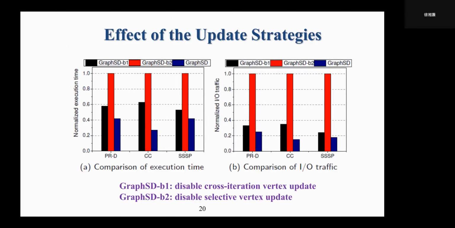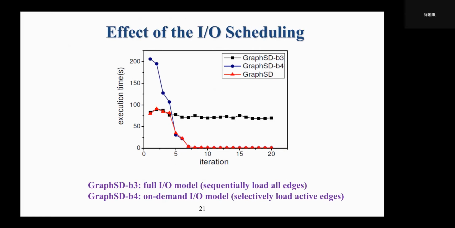From the results, the selective data access and cross-iteration vertex updating can bring about 2.8 and 1.7 times performance gains. We then evaluate the effects of different I/O access models. We compare GraphSD with two baseline systems that use the full I/O model and the on-demand I/O model in each iteration respectively. We can see that GraphSD is able to select the optimal I/O access model in each iteration, thanks to the state-aware I/O scheduling strategy.